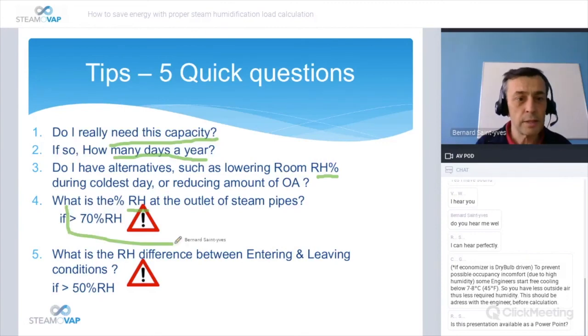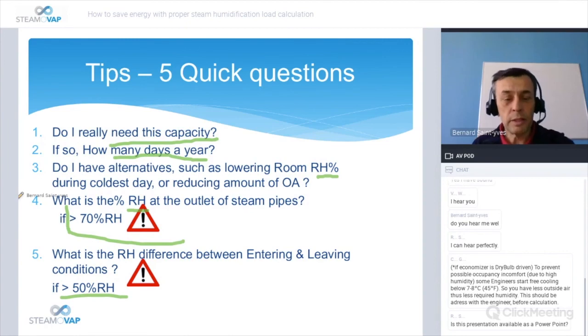If it's above 70% relative humidity, then you might have a lot of losses and you might have trouble of condensing downstream, okay, or a very long non-wetting distance. And what is the difference between entering and leaving condition? If the difference is above 50% relative humidity, then maybe you should reconsider.